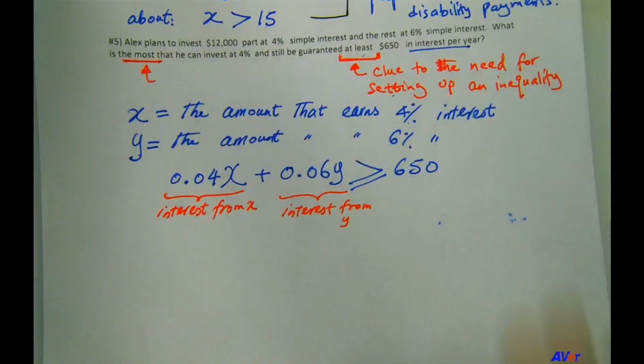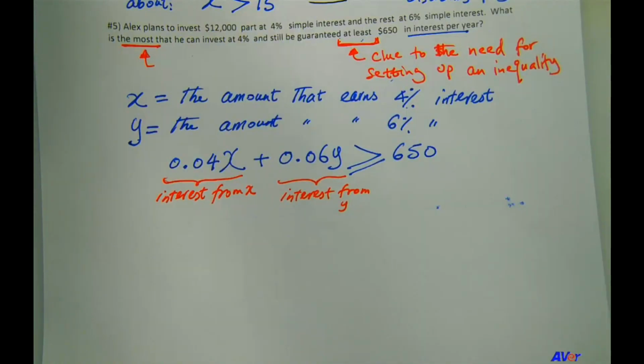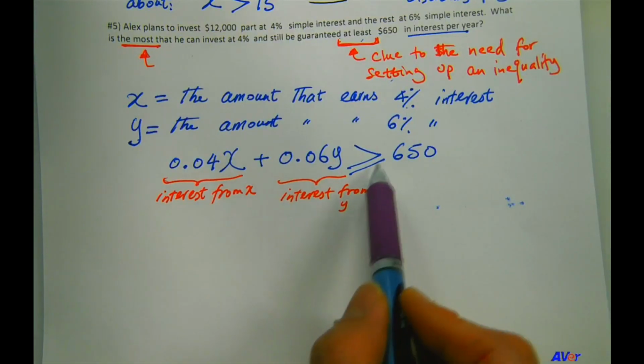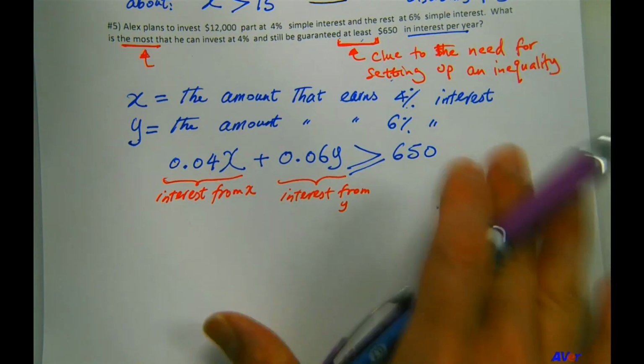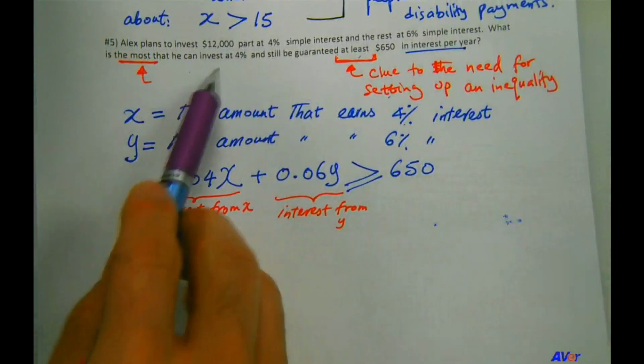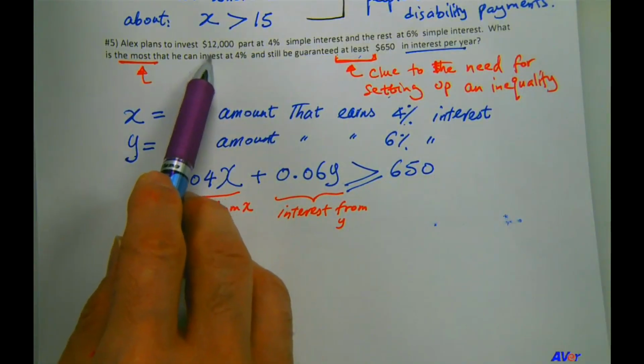But there is a problem here because we have one inequality, two different variables. We're not going to be able to solve this like it is now, right? Two unknowns in one inequality. We can't solve it. But fortunately, they told us what was the total amount of the investment.